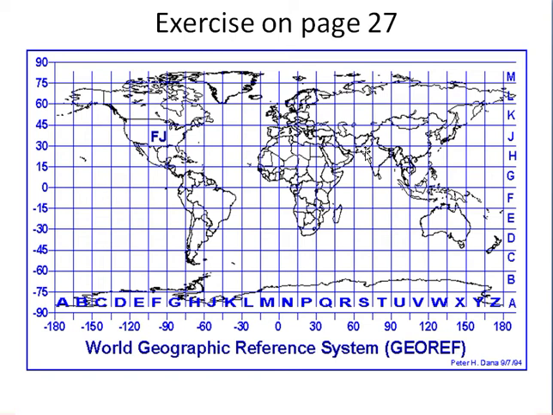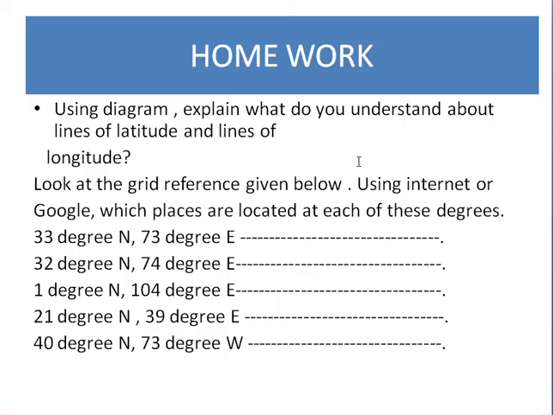Approximately what we found was 67° east and 30° north. This is 30° north, 33° north, and more than 60° east, here Pakistan is lying. So this is very interesting to find out where any place on the globe is located. This is how we found any place on the globe.